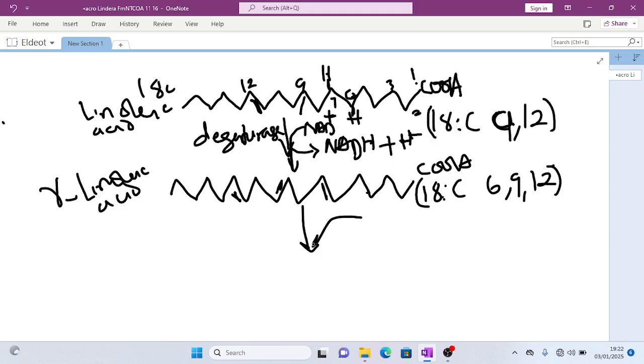Malonyl-CoA is a 3 carbon organic compound that is attached to coenzyme A. So malonyl-CoA, let me write the name here, it's 3 carbon, just like I said.